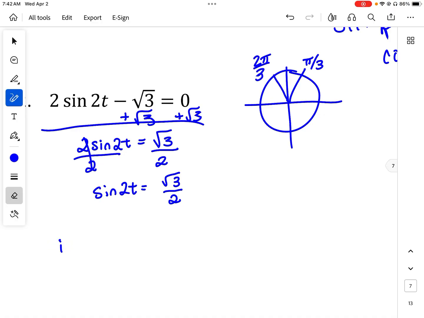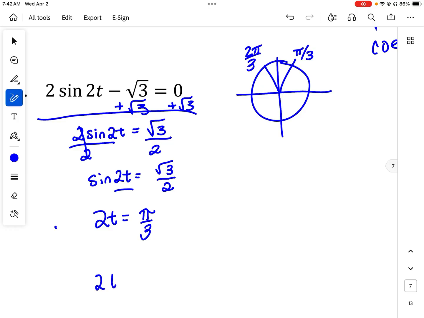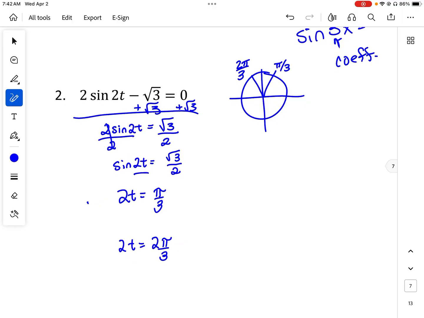So now we say sine. Nope, we don't say sine. We just say that the 2x equals pi over 3 and 2x equals 2 pi over 3. Okay, we have to account for all coterminal angles.